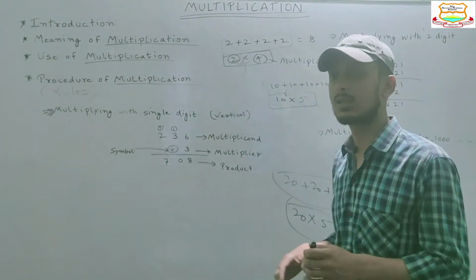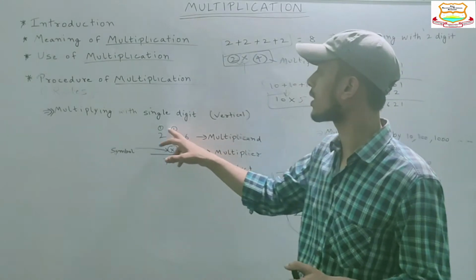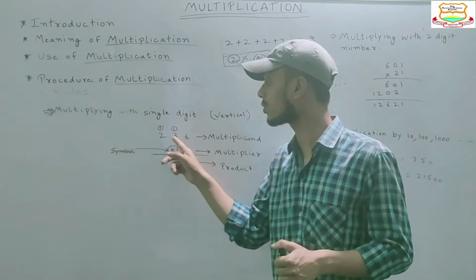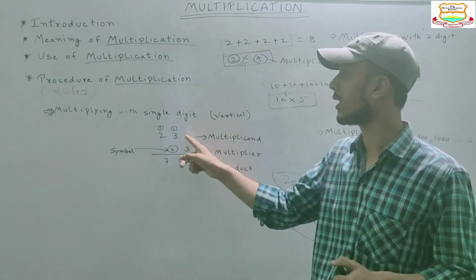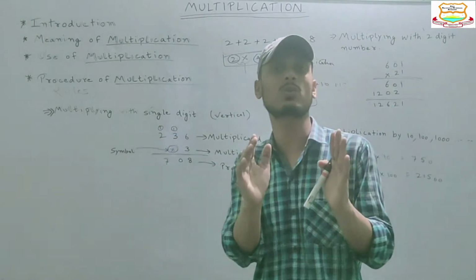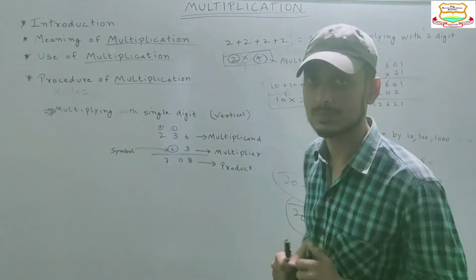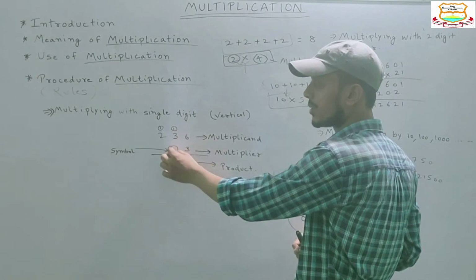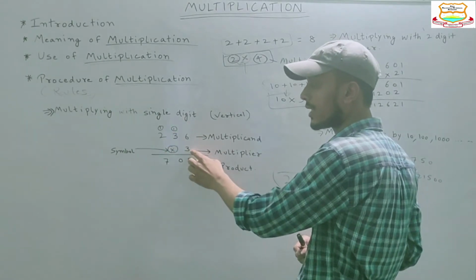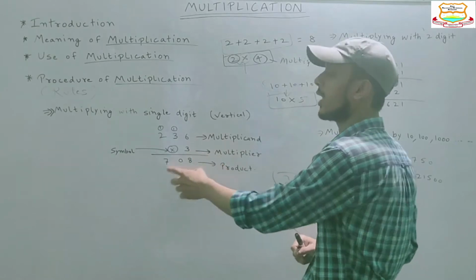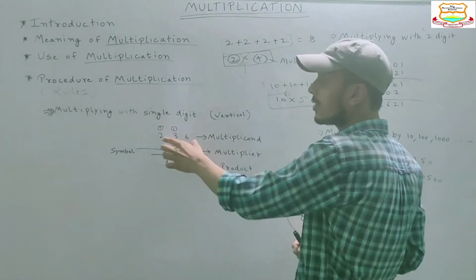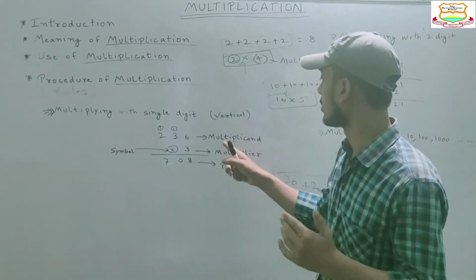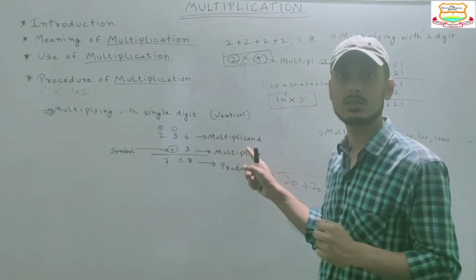Now let us see what are the different names allotted to these numbers. Every number has got some particular name. See, here 236 is multiplied with 3. The number which is multiplied is called multiplicand.